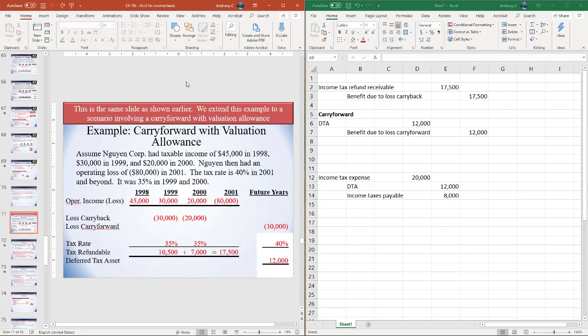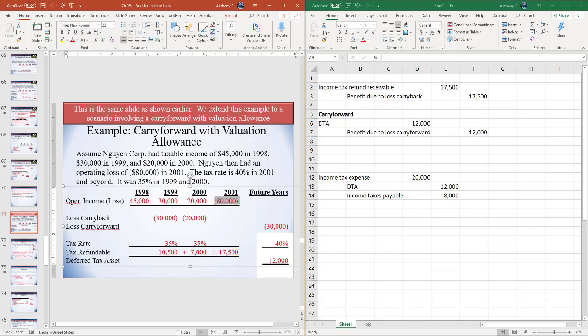So let's look at the same example we were using earlier. We're just going to extend this so it includes a carry forward with a valuation allowance. So again, we had $45,000 of income in 98, $30,000 in 99, and $20,000 in 2000.